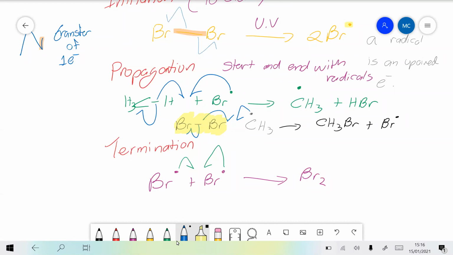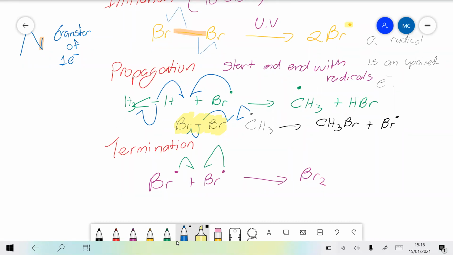When you initiate free radical substitution, only a small percentage of the bromine will dissociate into radicals. You don't give enough energy for all the bromine molecules to form bromine atoms. That is not what you want. What you want is to initiate the process, to start getting a few bromine radicals.